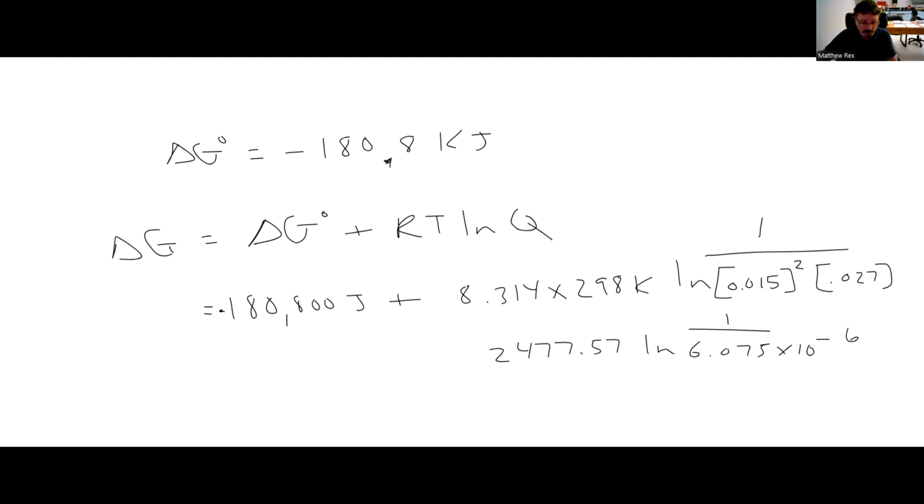Natural log of that is 12.01 times 2,477.57 gives me 29,759 joules. And when I add that to the negative 180,800, I get negative 151,000 or negative 151 kilojoules.